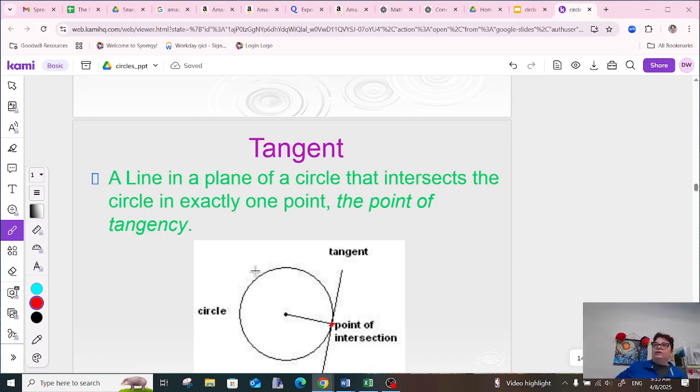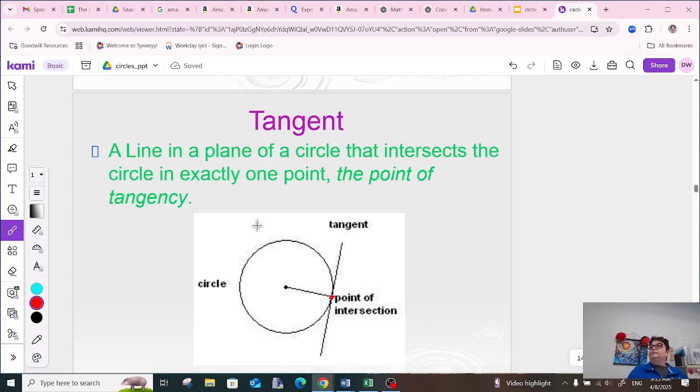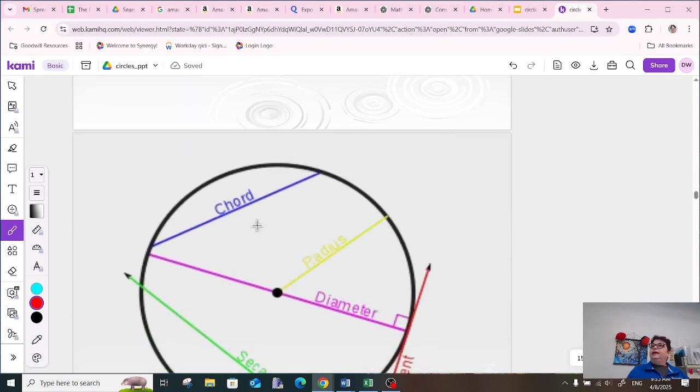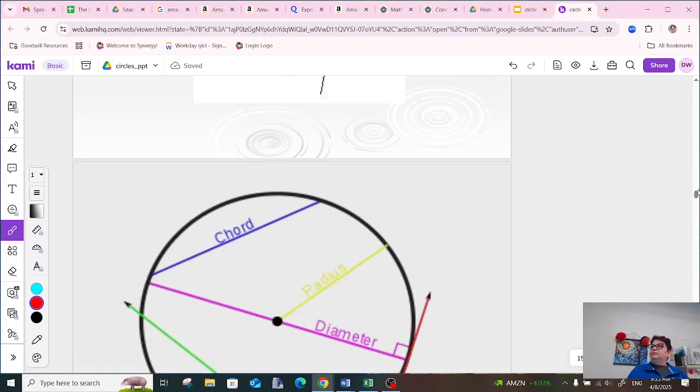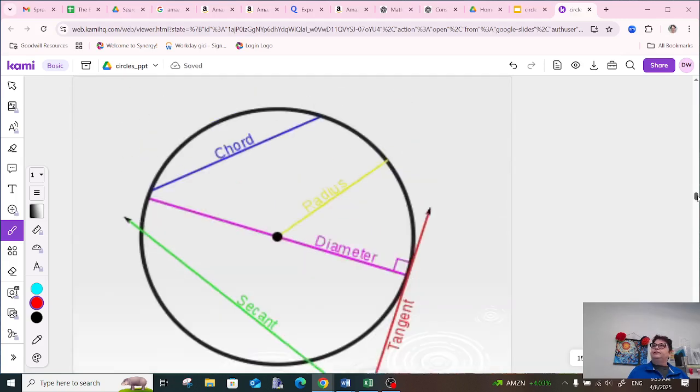That point we call the point of tangency, or point of intersection, but we call it the point of tangency. You'll hear me say that. Questions? Did you draw something similar earlier? Yeah, we drew this earlier, so we don't have to draw this again. But it is in your notes.